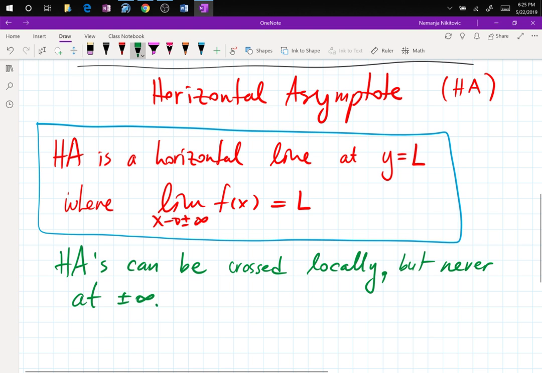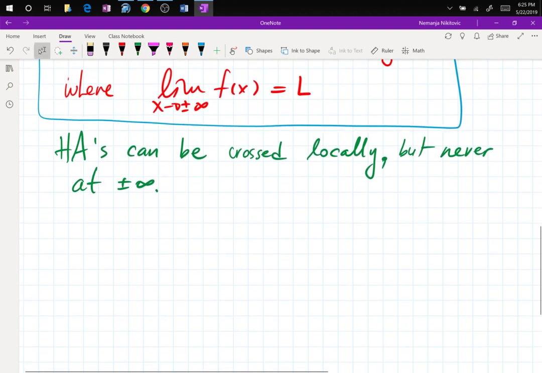The function must obey. You could have a situation like this, where I'll also put two vertical asymptotes here.